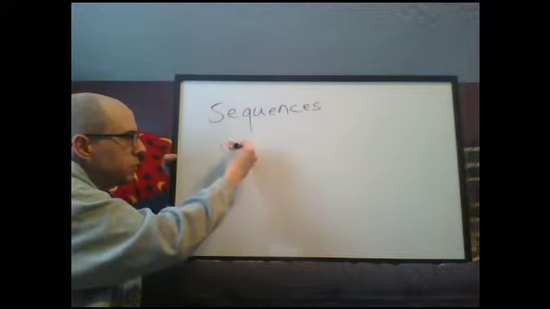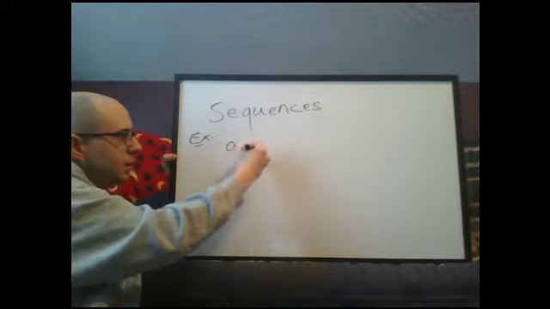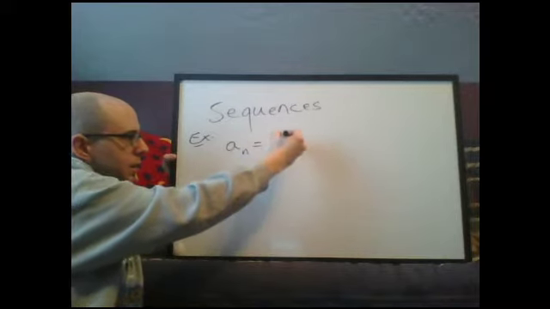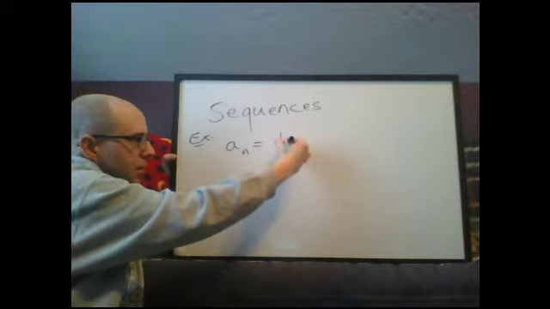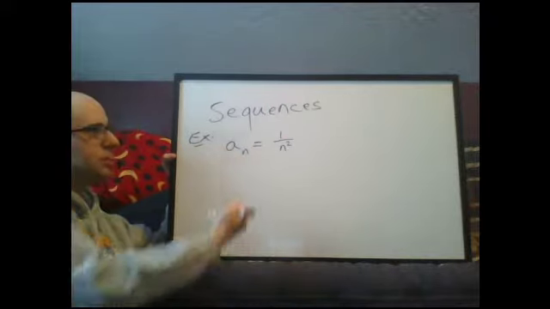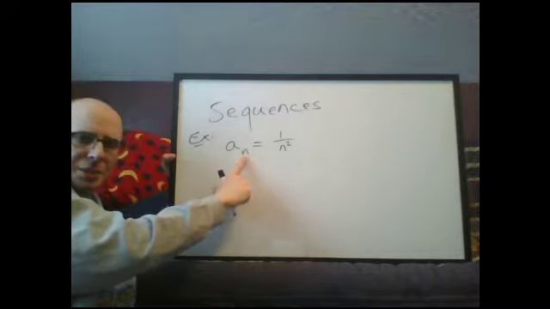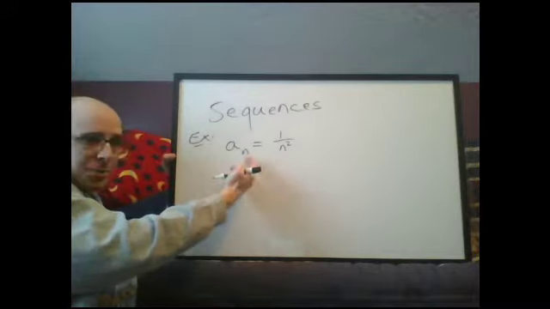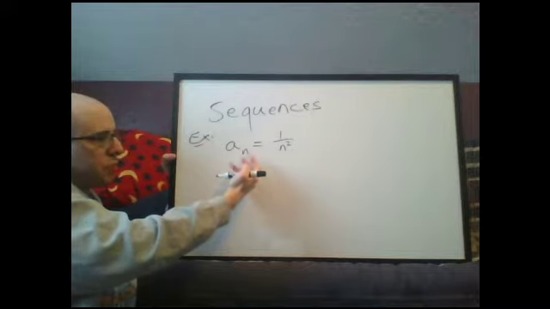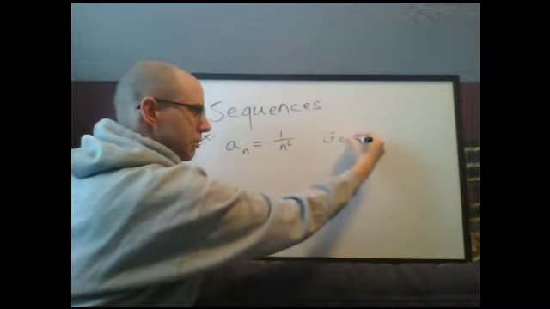As an example, a sub n. We use subscript notation with sequences, but n is like your variable. It's like a function with your variable n here instead of x. So rather than function notation, we use this subscript notation. When we have this formula here, this would be called the general term of a sequence.